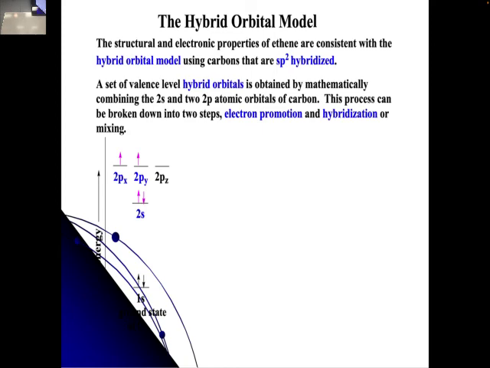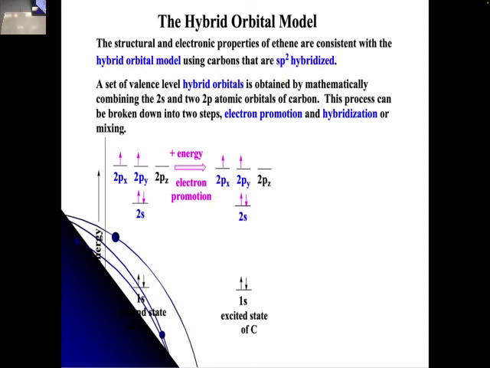So what's happening is you have the ground state of carbon that gets an electron promoted. One of these electrons should have been up there. I don't know why it didn't pop up there, but imagine that one flipping and going up there. And then those become hybridized. In methane, it hybridizes to sp3, 4 sp3 orbitals that are degenerate.